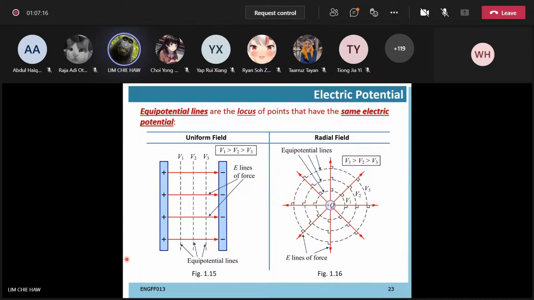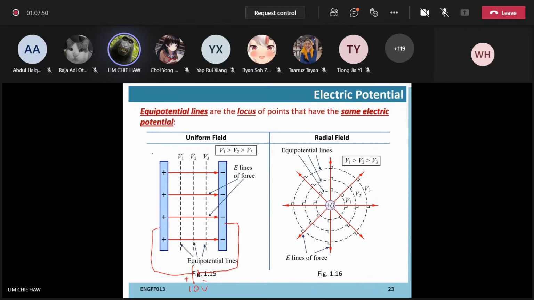We need to use a voltage connected to the parallel plates to set up the uniform electric field, isn't it? Remember in the lesson I explained that you need to connect the positive plate to the positive terminal of the battery and the negative plate to the negative terminal. Let's say you're using 10 volts here to set up this uniform electric field.